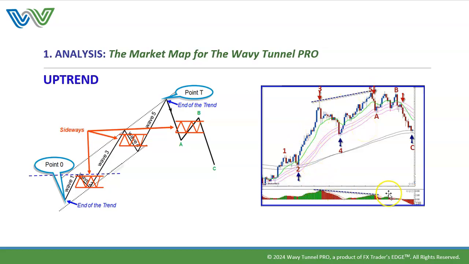So we have the awesome oscillator underneath, and when we have a peak in the awesome oscillator, we can label this a wave 3, and then the awesome comes down to the 0 line, we call that a wave 4, and then the awesome oscillator moves up with divergence. We don't make a new high, and we label that a wave 5 because the momentum is running out of steam, and at this point with the awesome oscillator divergence, we're looking for a correction, which is our ABC, and then this is the point at which we're thinking about buying again. And we want to liquidate our positions up here.